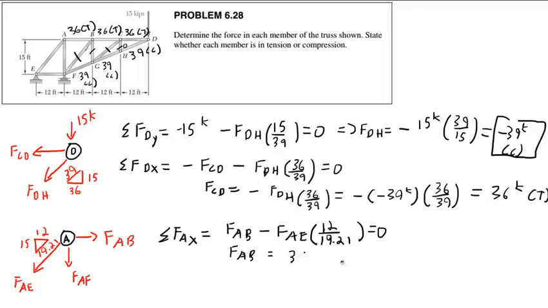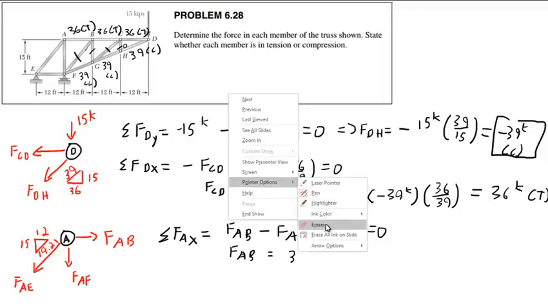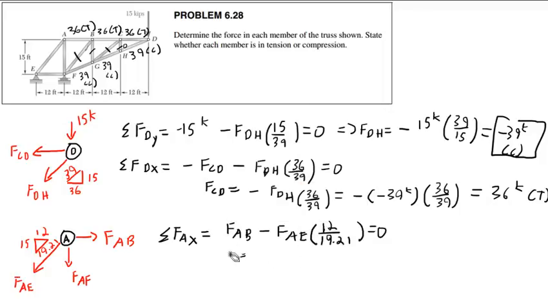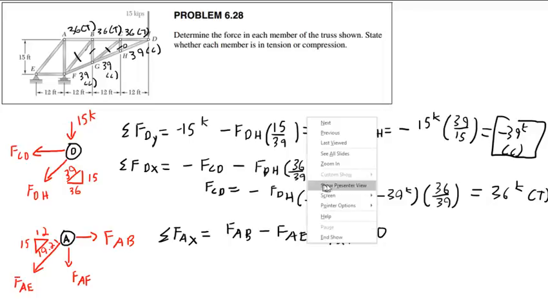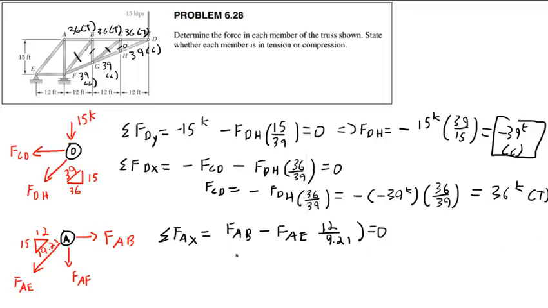Oh, wait, I'm going for FAE, not FAB. So FAE equals FAB times 19.21 over 12.